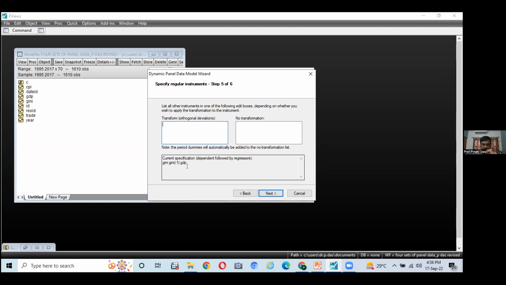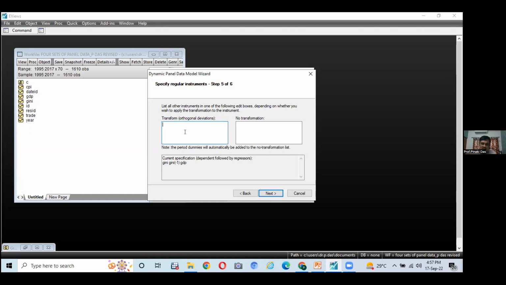Gini is the dependent variable, Gini -1 is the independent variable, and GDP is the independent variable. Therefore, the first list, which is entered in the edit field labeled transform, should contain the list of the strictly exogenous instruments that you use to transform prior to estimating the transformed equation.